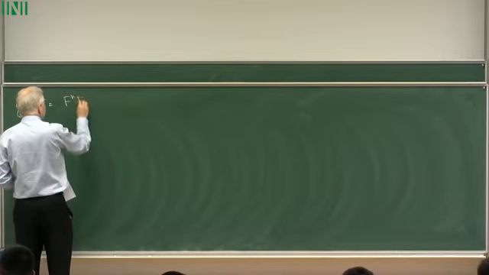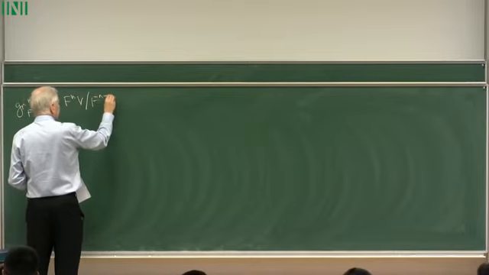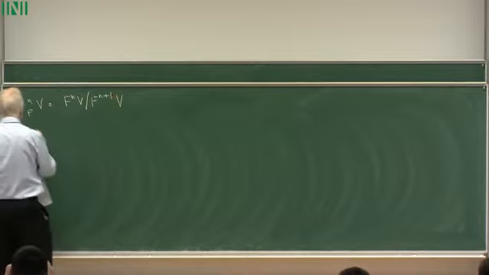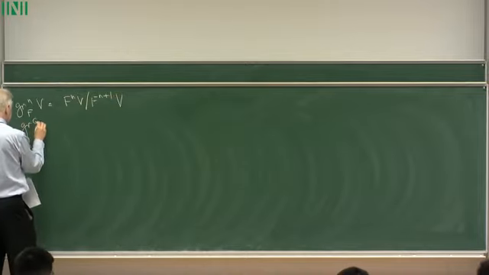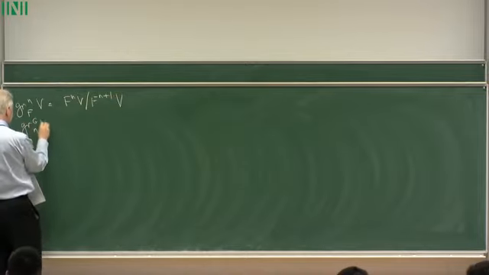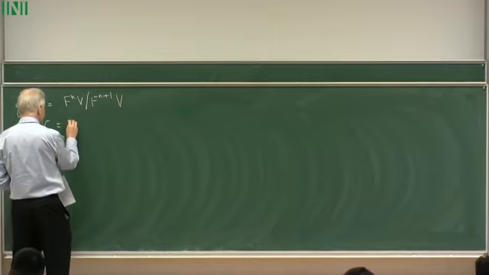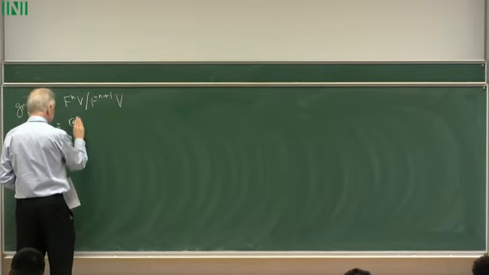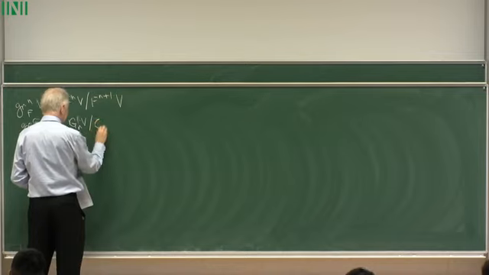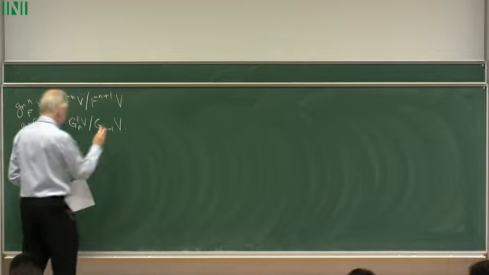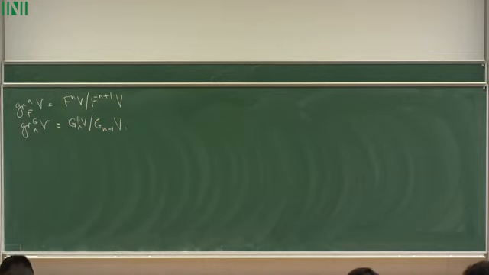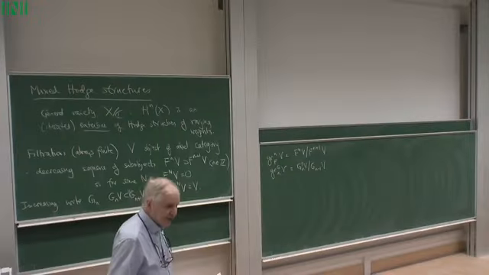So this is F^n modulo F^{n+1}, and for an increasing filtration we do it this way around, and it's G_n modulo G_{n-1}. And obviously you can just pass from one to the other by changing the sign of the indices.